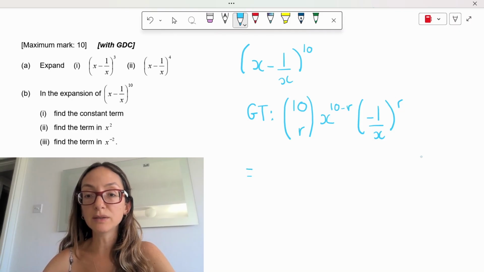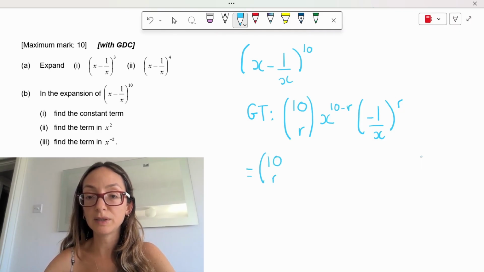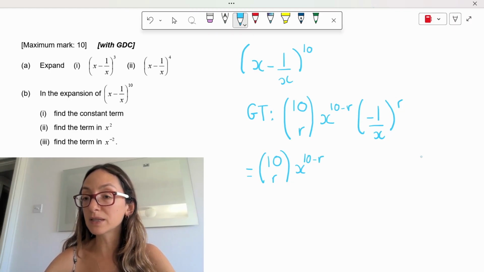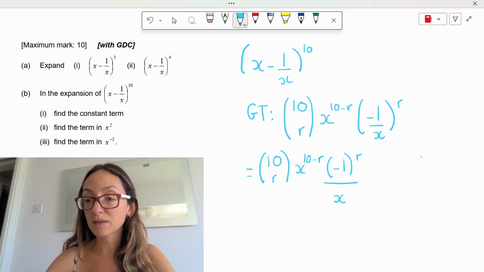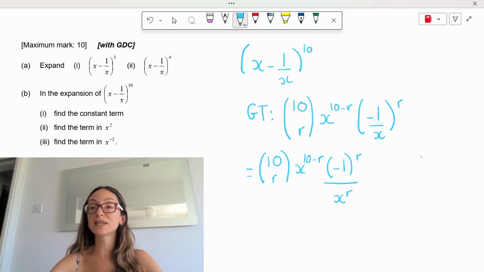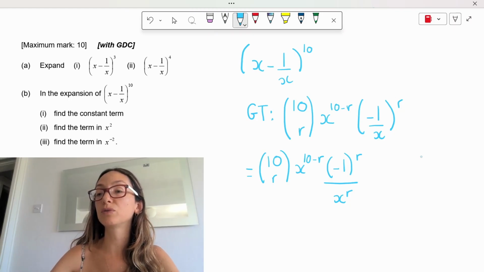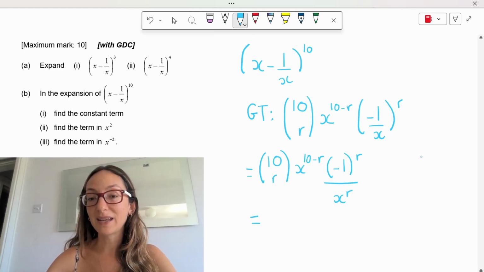So we just have one x with a combined power. So let's do that. So the 10r, we leave it as it is. X to the power of 10 minus r. And then here, be careful. This is a minus 1. So it's minus 1 to the power of r. And then we have x to the power of r at the bottom. So I just expanded the power of r over the numerator and the denominator. And now we can combine the powers of x together.